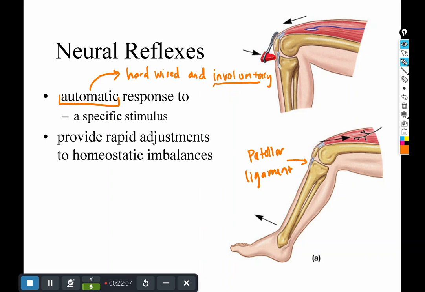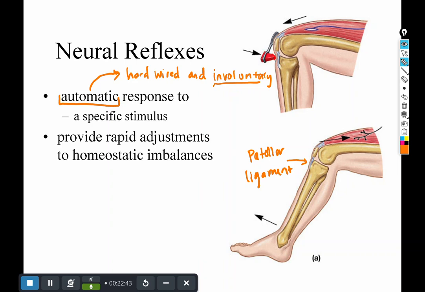So if it gets hit with a little mallet, which simulates a lot of force being put on one particular part of the patellar ligament, that is detected via the tendon organs in your rectus femoris, and the output is to relieve the perceived tension on the patellar ligament by causing you to activate your rectus femoris and kick out to put some slack on your patellar ligament so it isn't at risk of tearing.